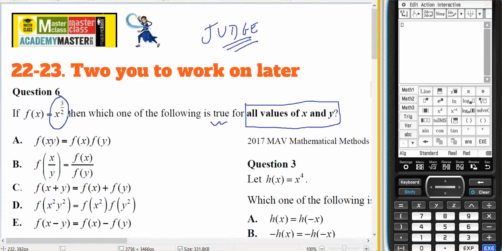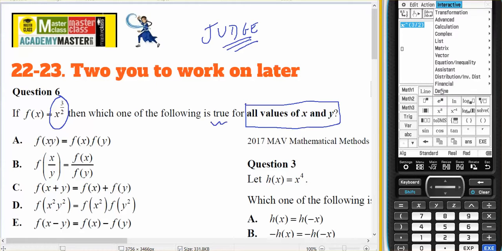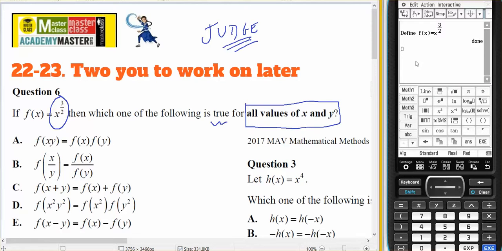So I'm going to define this, so f of x equals x to the power of 3 divided by 2. And then I'm going to use judge.